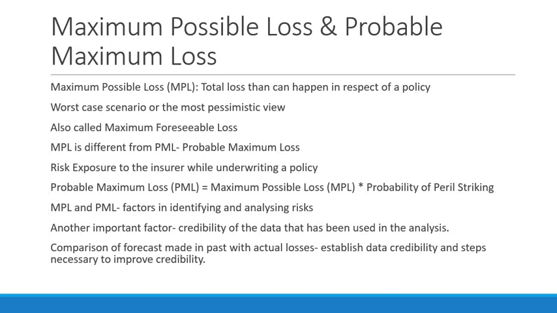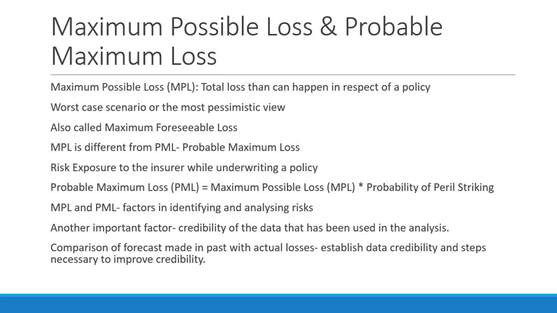Now the risk exposure is the MPL, that is maximum possible loss, multiplied by the probability of the peril. This is the probable maximum loss. So MPL and PML are factors that are relevant in identifying and analyzing the risk.